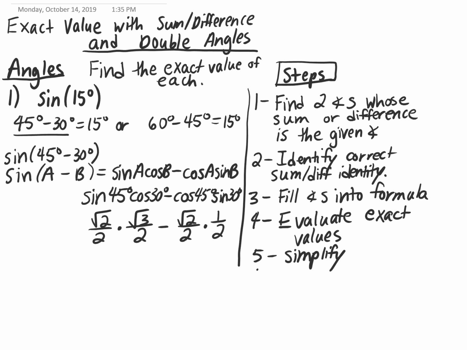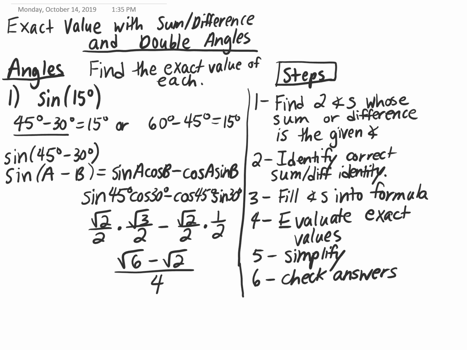Then I always recommend to check your answers. You will have access to your graphing calculator for this. So after you've done this calculation and simplified it into root 6 minus root 2 over 4, you can plug in this original and your answer into the calculator and see if the decimals match.